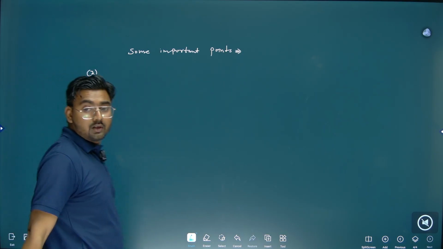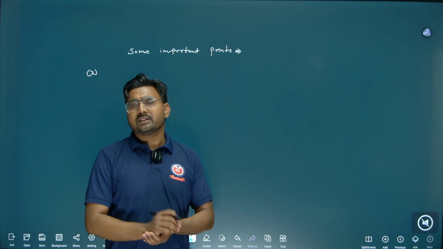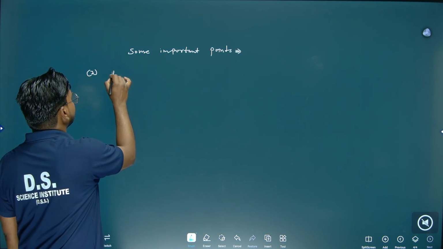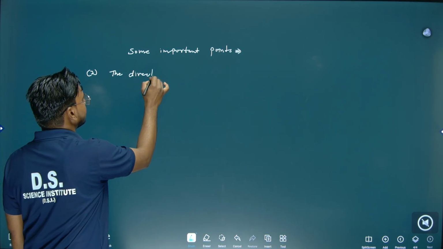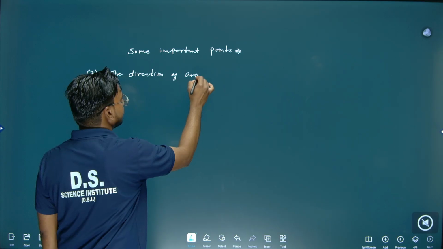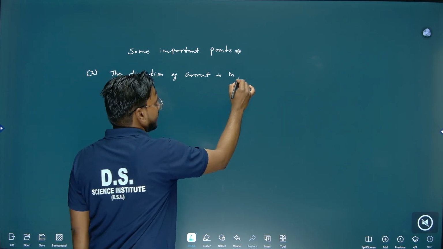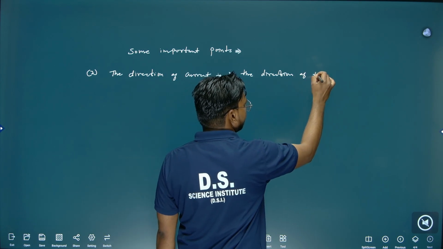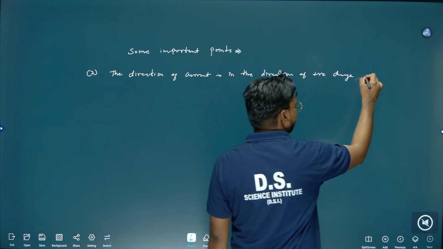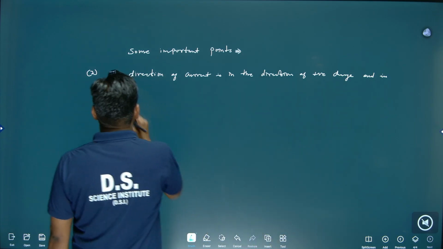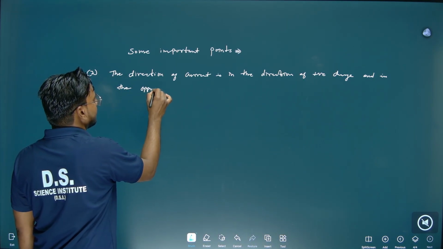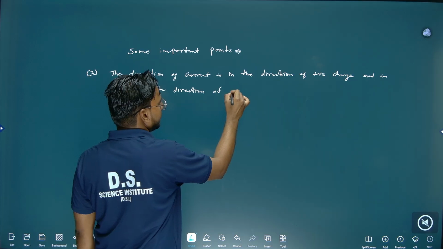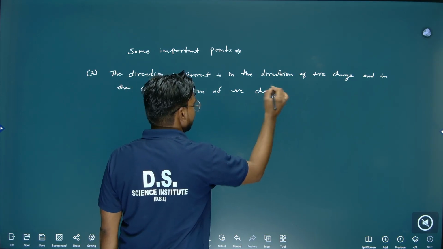The first one is, the direction of current is in the direction of positive charge and in the opposite direction of negative charge.